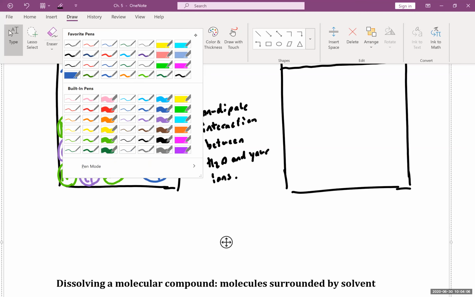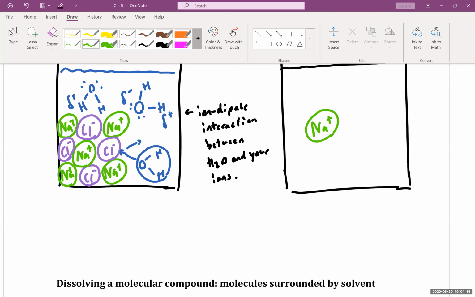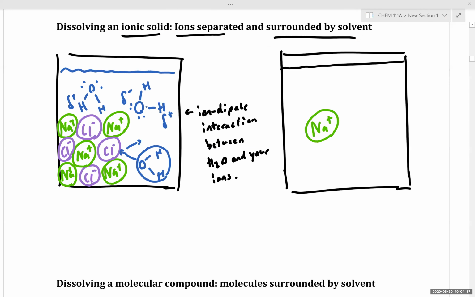So by the end of this process, we have our cations, and in this case, our cations are going to be surrounded by water molecules. The oxygen end of water will point towards sodium because oxygen is electron rich.